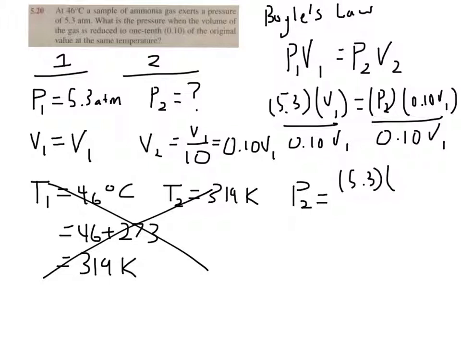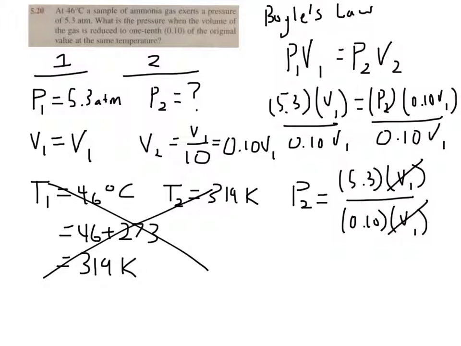So we have P2 equals, and I'll put everything in parentheses so it's easier to see, 5.3 times V1 over 0.10 times V1. Now, this problem is kind of weird because usually they give us a number value for volume. But they didn't. They forced us to use variables. The reason we can use variables here and get away with it is because these volumes will cancel.